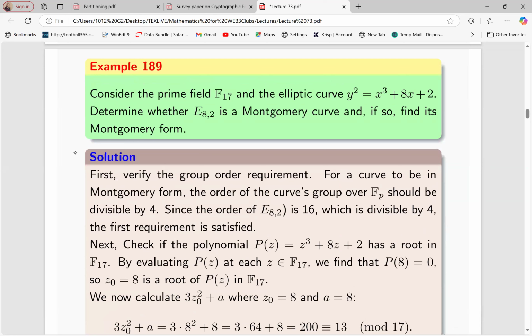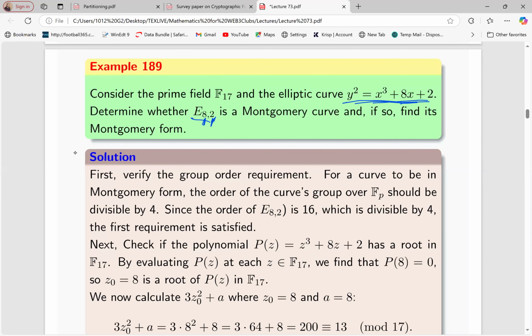Of course, in your own time, you can determine whether it's an elliptic curve by ensuring that it is non-singular. This is just the short form of this, where 8 here is the A and 2 here is the B.